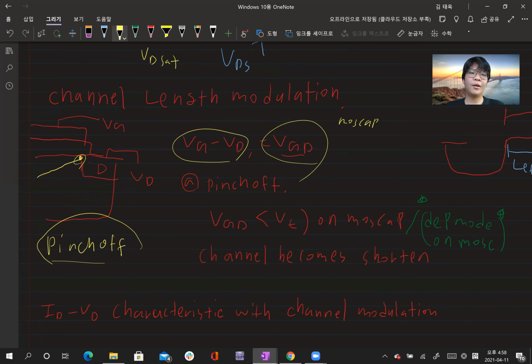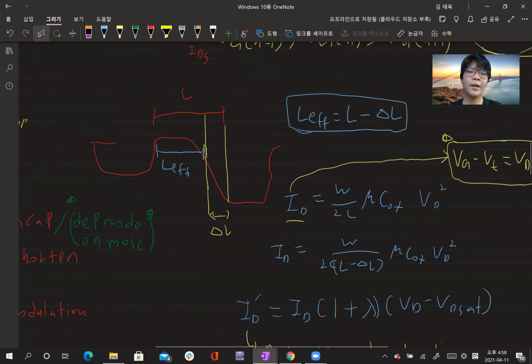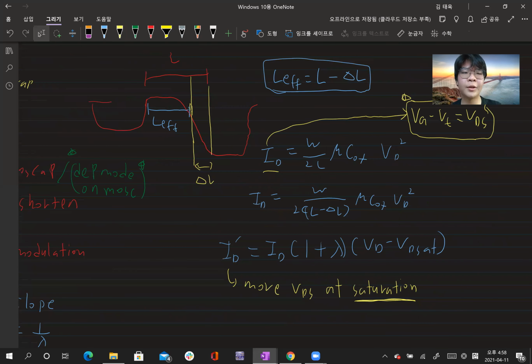So the strong inversion state goes back to the depletion region, which causes a shortening of the channel, a narrowing channel. So there is a depletion region which has no channel charge.